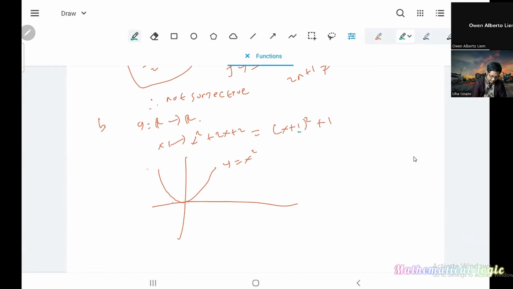So this will be something like this. So this one is y equal to x squared plus 2x plus 2. Something like this. I know that my drawing is lousy, but hopefully that's clear enough.